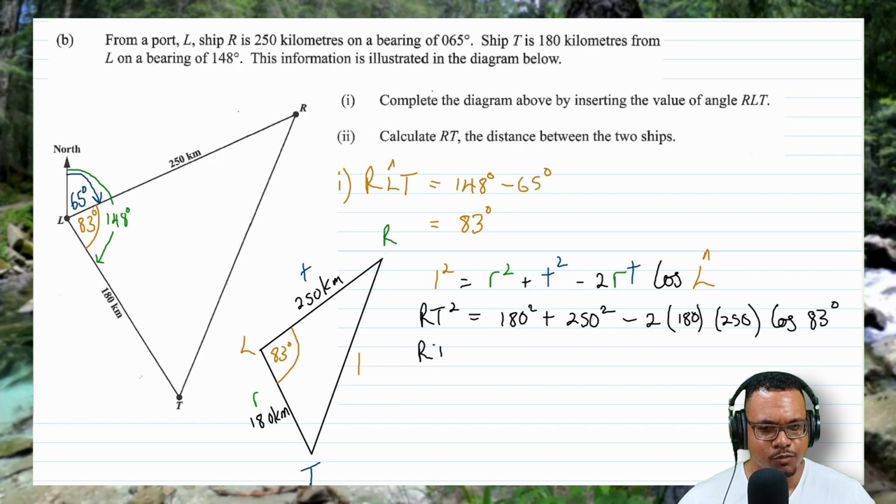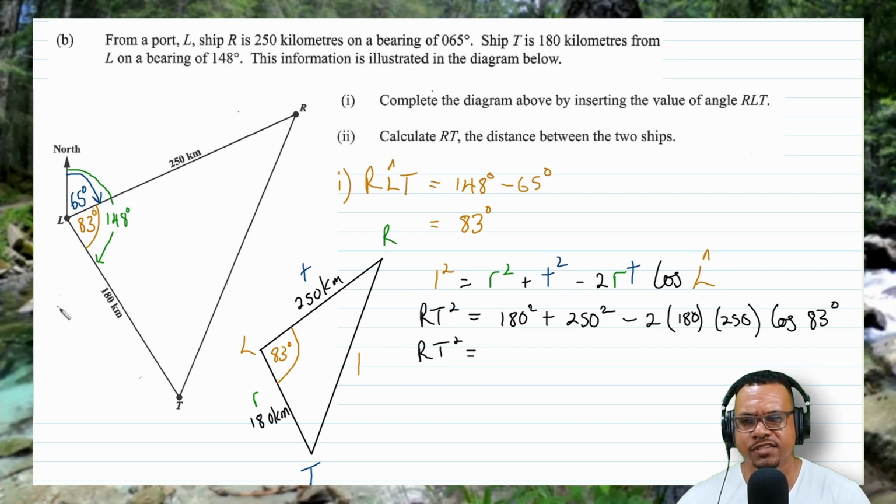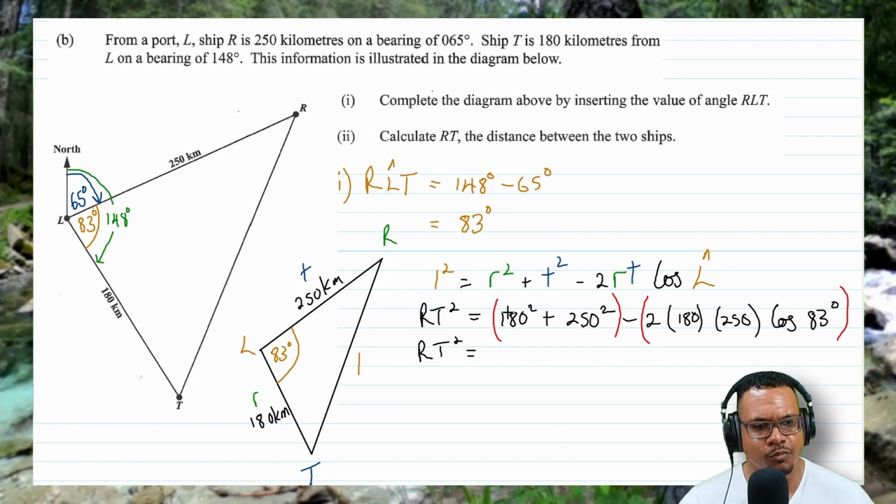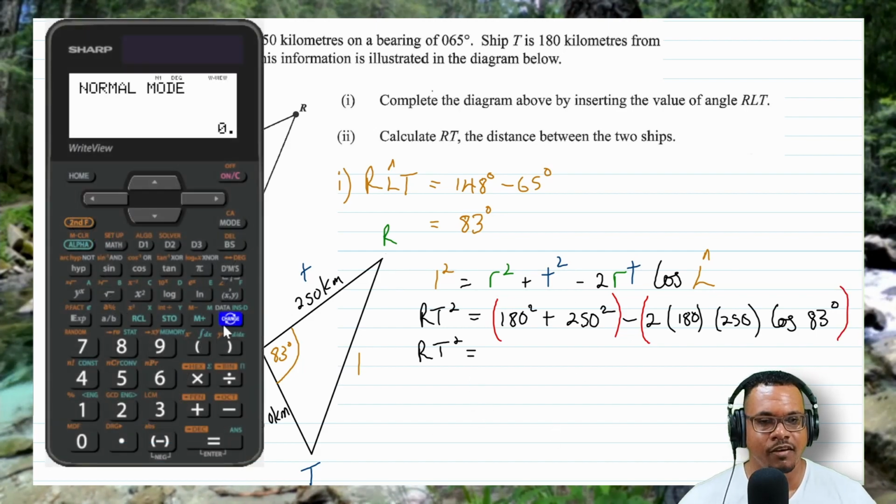So now RT squared will be equal to, and what we could do is on the calculator, we could put this piece in brackets, and then this piece in brackets here, and the calculator will calculate this entire thing for us. All right, so I'm going to open the brackets and put the 180 squared plus the 250 squared, close the brackets like that, take away, open brackets, and I'm going to put 2 times 180 times 250 times cosine of 83, close brackets.